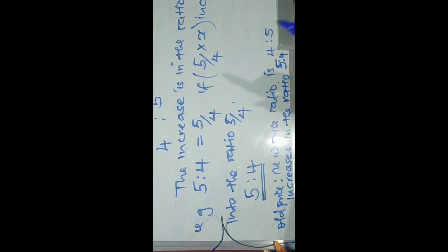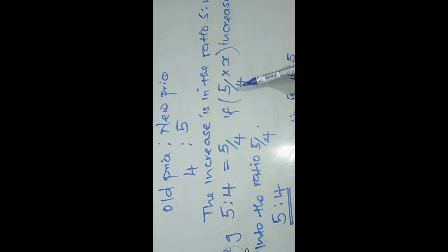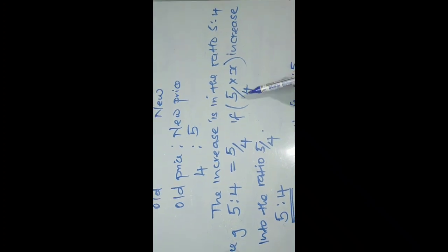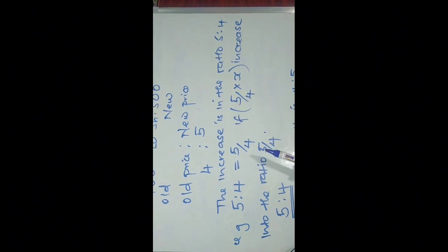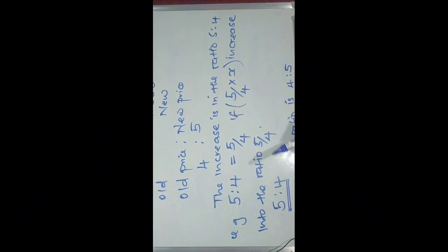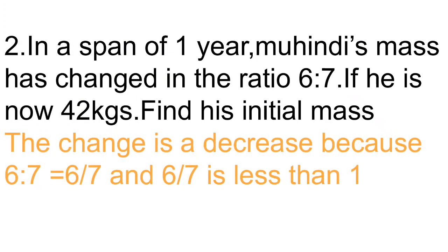So we normally look at the fraction. Is it denoting a number greater than 1? If it is, then that quantity is increasing in that particular ratio. Now, in a span of 1 year, Muhindi's mass has changed in the ratio 6:7.